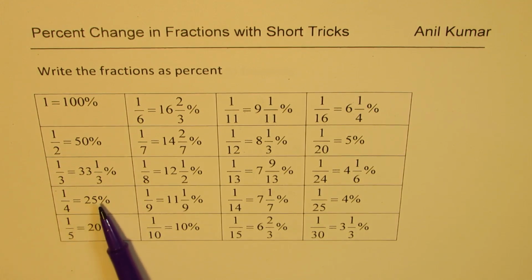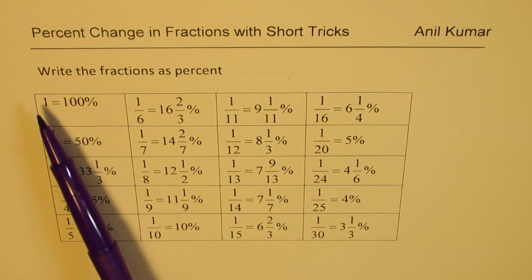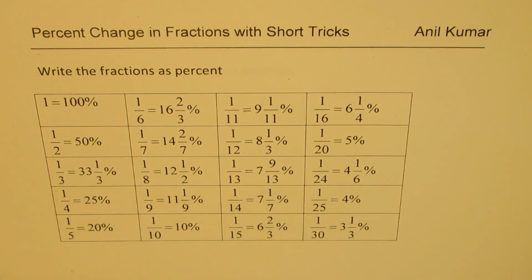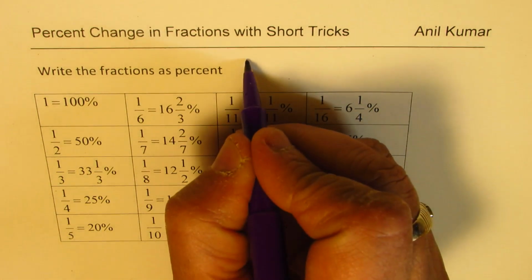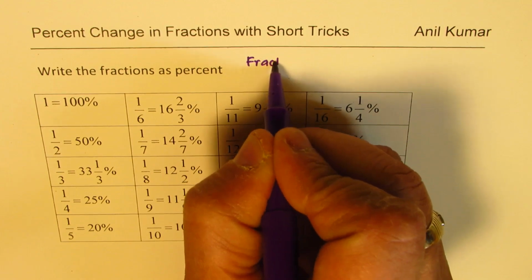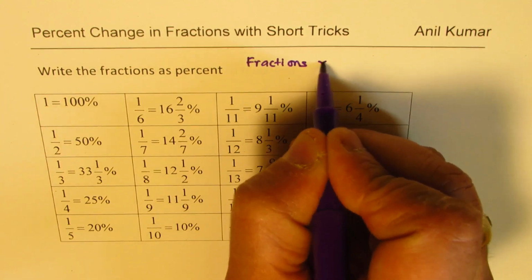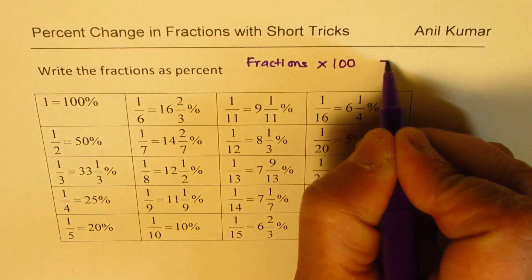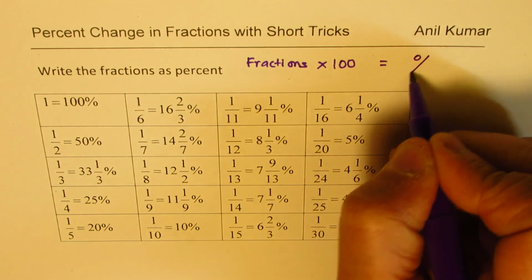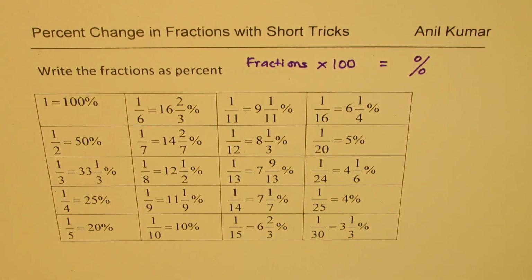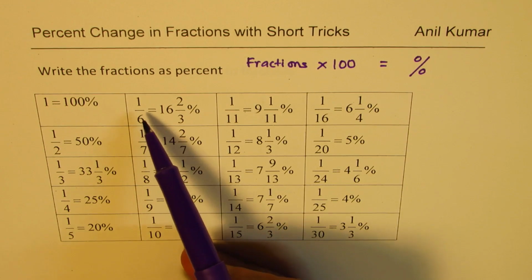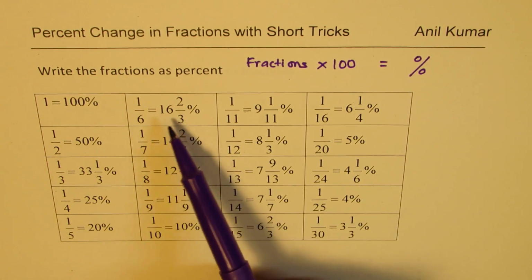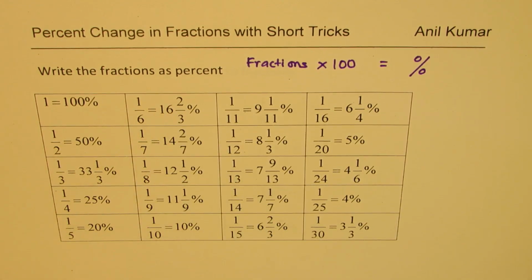To get the percent, what do we do? We just multiply these fractions by 100, right? So when I do fractions times 100, we get the value in percent. That is the whole idea, right? So 1 over 6 times 100, if you solve, you'll get 16 2/3.